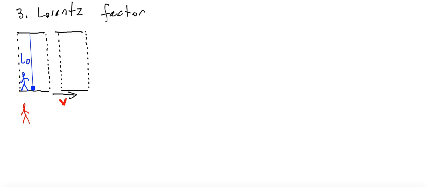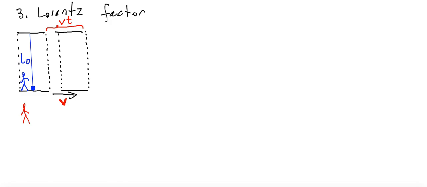So what is the distance moved by the clock? This distance is the speed of the clock multiplied by the time needed to travel this distance.